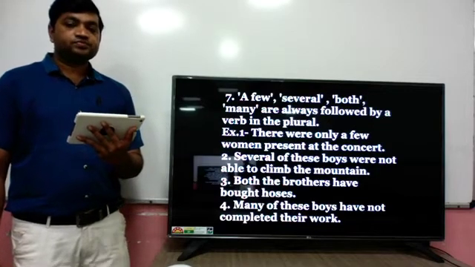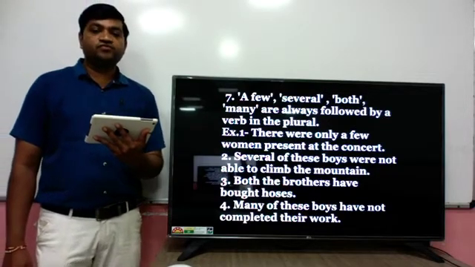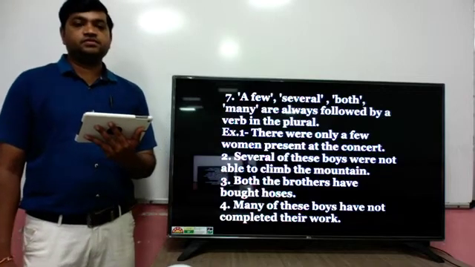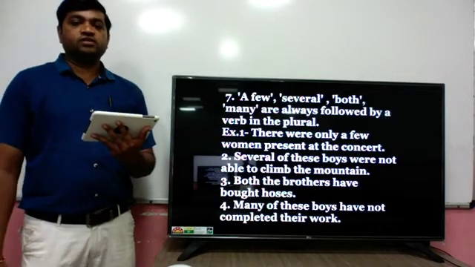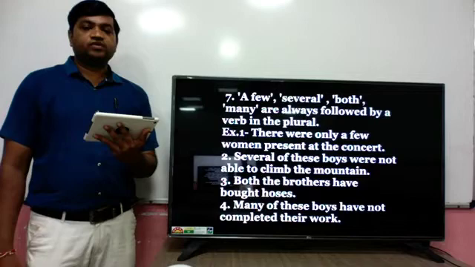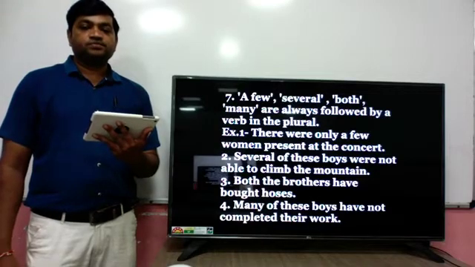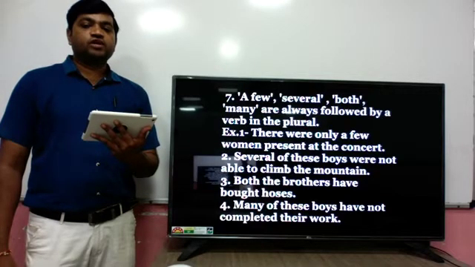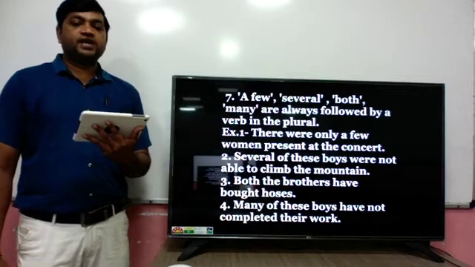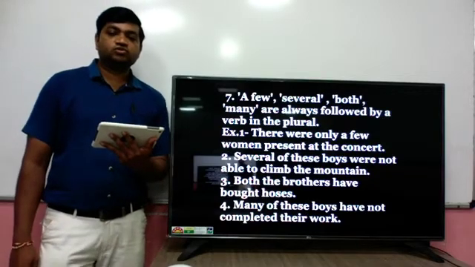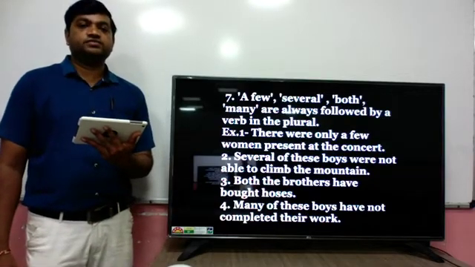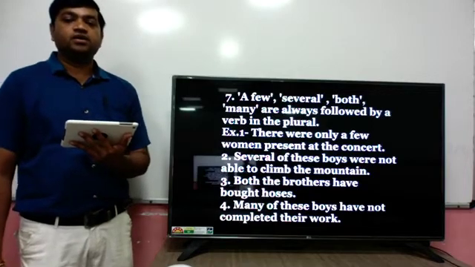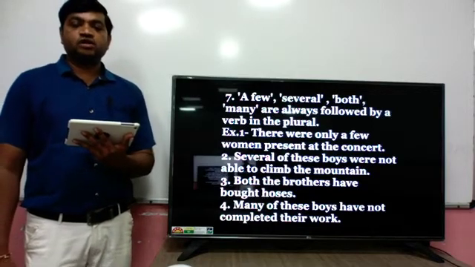Here also, a few women means more than one, plural number, that's why we use a plural verb. Several of these boys were not able to climb the mountain. Here also we are talking about several boys. Several means plural, so the verb is a plural verb.